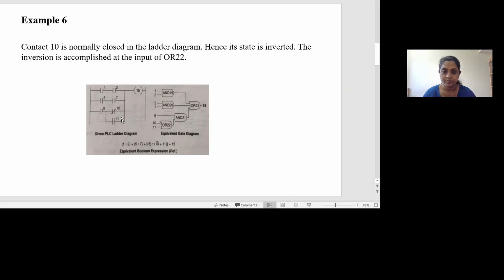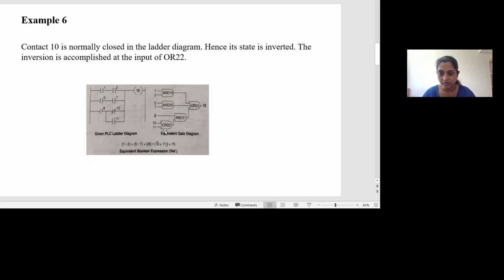Similarly, here we have the contact 10, which is an NC contact, and contact 11, a normally open contact. So 10 and 11, they are in parallel. So this parallel combination represents the OR gate.